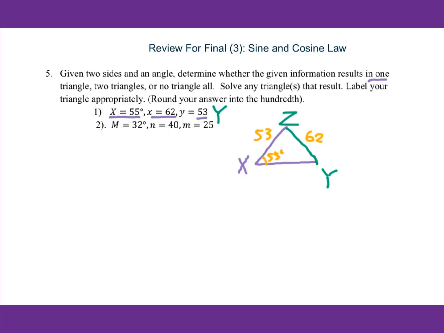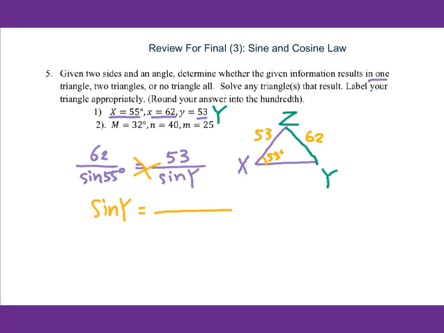First of all, according to the sine law, we got 62 over sine 55 degrees equals 53 over sine y. Cross multiply. I need to figure out sine y equals 62 go to denominator, then we got 53 times sine 55 degrees equals 0.700.